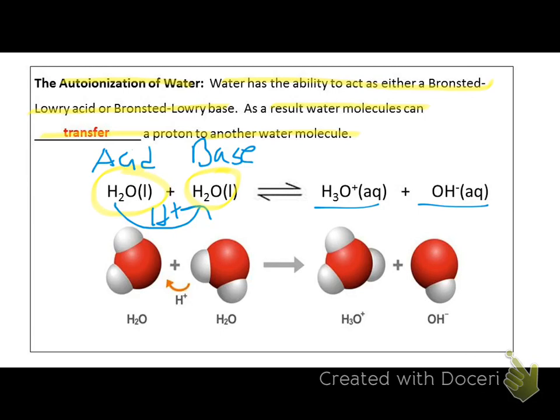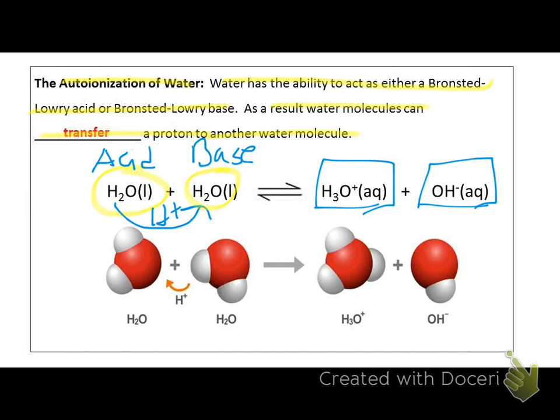So if you take a glass of water, for instance, and it is pure water and nothing else in it, then the water molecules will react with each other, one water molecule acting as an acid and the other acting as a base, and as a result we form the conjugate acid, which is the hydronium ion, and the conjugate base, which is the hydroxide ion.